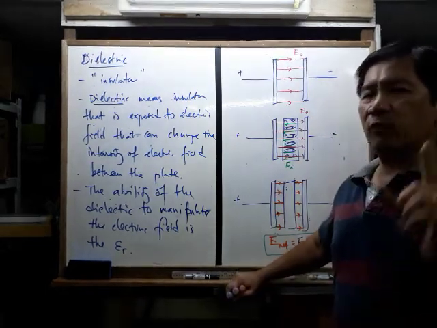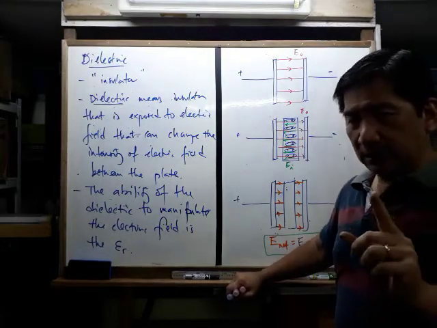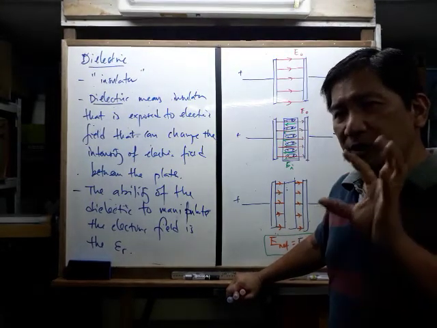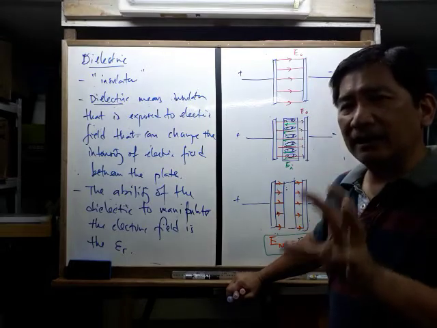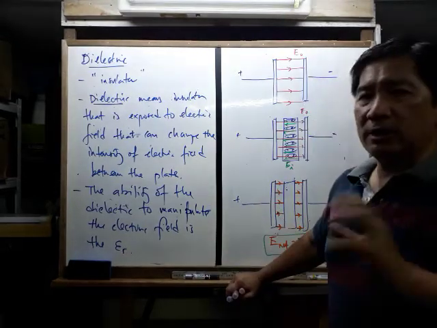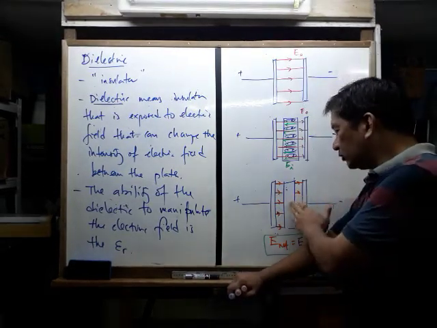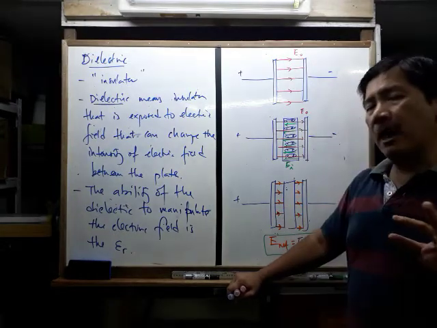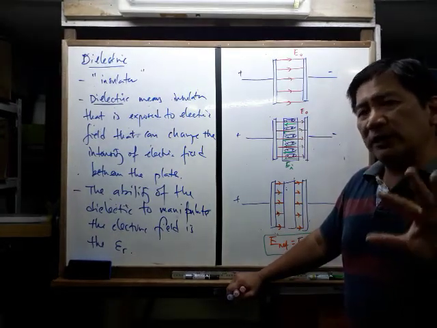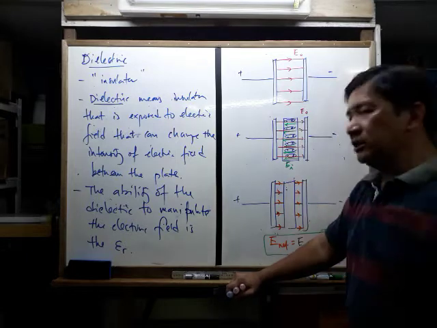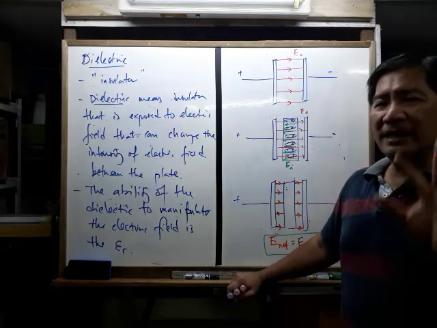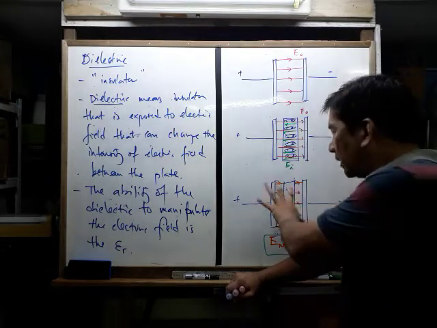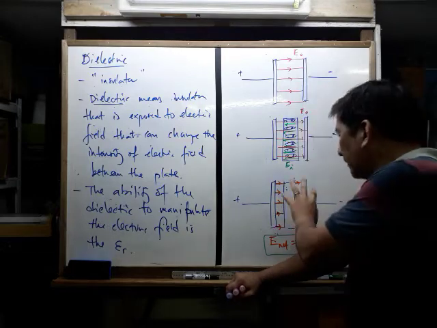Now this serves one very important purpose. The purpose is to reduce the spark, the arcing in between the plates. Because if there is no dielectric between the parallel plates, and you increase the voltage too high, the air molecules in between will start to be ionized and a spark occurs. It's just like lightning in the sky, but on a small scale.